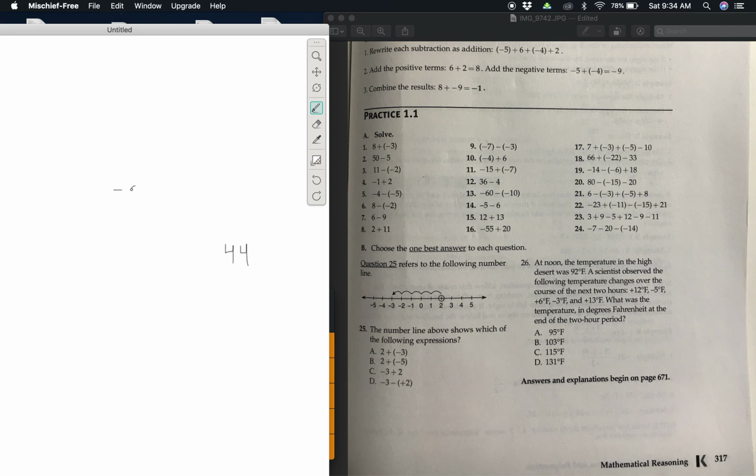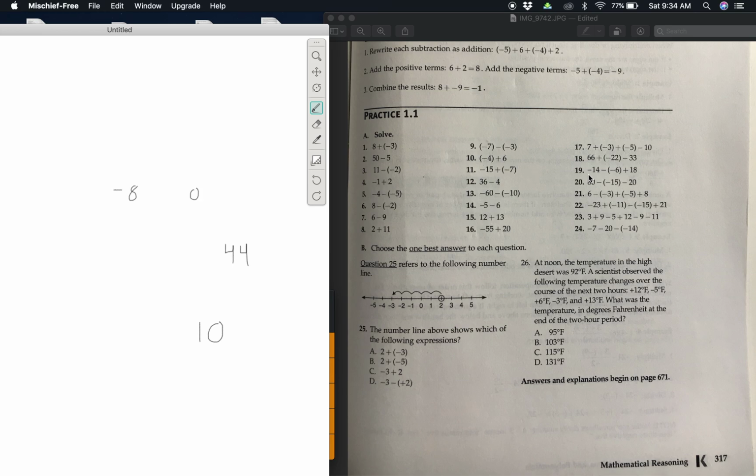Negative 8, so 8 more will bring it up to 0. So we'll add the 8 from the 18. Now we're at 0. Then we add the positive 10. You could just add the 18 to the negative 8, but I'm breaking it down a little bit in more even or simple numbers. So now that tells us we have a positive 10. So 10 is the answer to that.